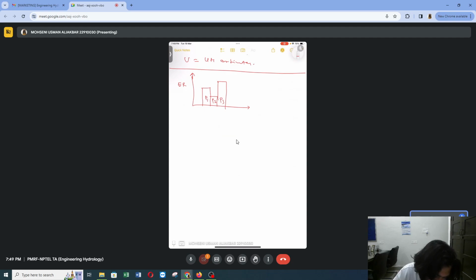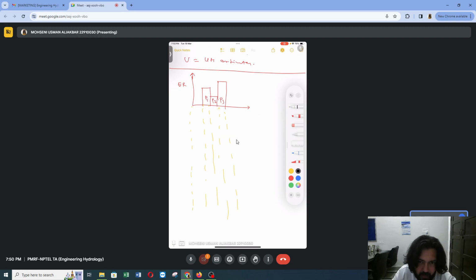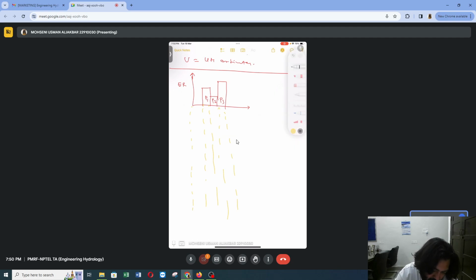For each input pulse we will have the input response, the response function.